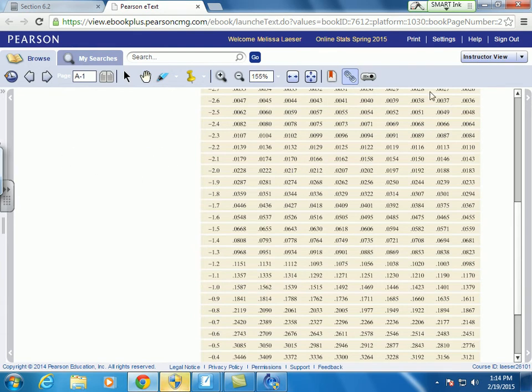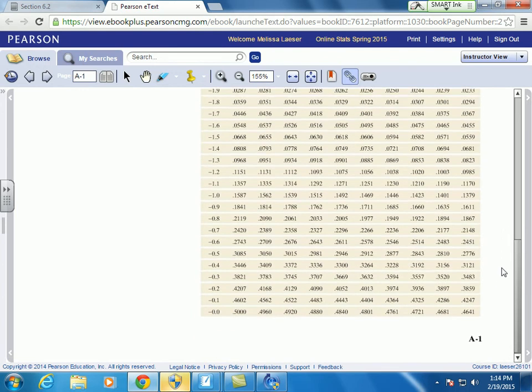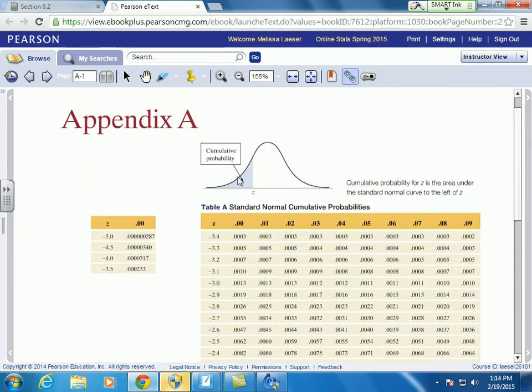It shows all the probabilities calculated between negative infinity all the way to 0. And you can see that if z is at -5, not -0.5, that's way over here. And the probability of being less than that is really tiny.